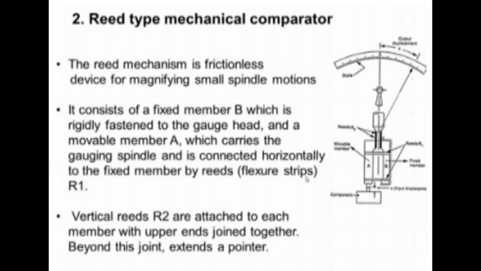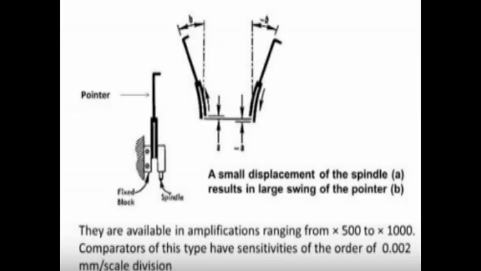The amount of pointer swing is proportional to the distance the floating block has moved, but of course very much magnified. Now this shows the amplified view of the fixed block and the vertical reeds, the spindle which is fixed to the movable member, and the two vertical reeds joined together, and at the top end we have the pointer.